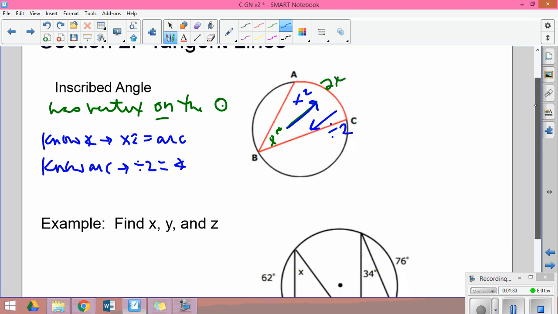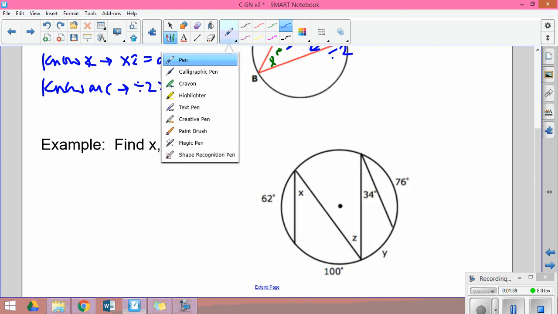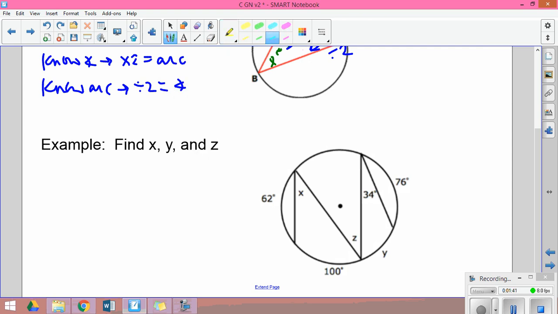So when we look at this picture, for our example, it initially looks very complicated, but if you just begin to trace your angles and your arcs, so here's an angle I want to know, and it comes out and it cuts this arc, which is 100 degrees, and when I go in, I cut it in half, and so x is 50.